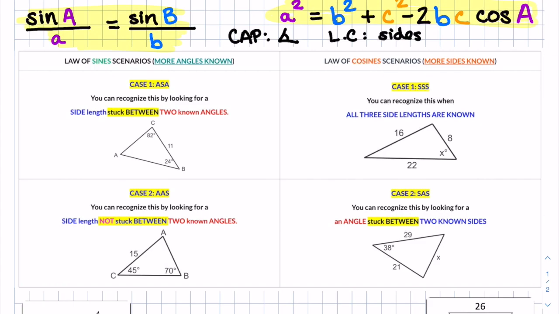Obviously the sine law has sine and the cosine law has cosine. And I'm hoping you also remember from last week that every time we see a capital letter in these equations, we're referring to an angle, and every time we see a lowercase letter, we are referring to a side.